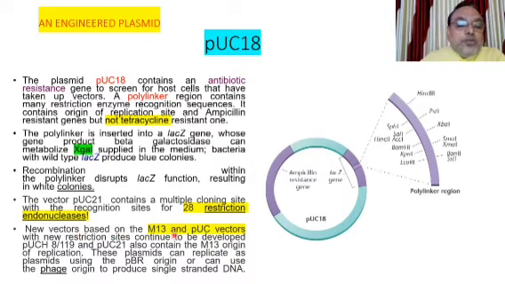So new vectors based on M13 and pUC vectors with new restriction sites continue to be developed. This is an ongoing process. So we have developed these plasmids, and we are on the way to developing more advanced plasmids by taking lessons from our earlier experiences.